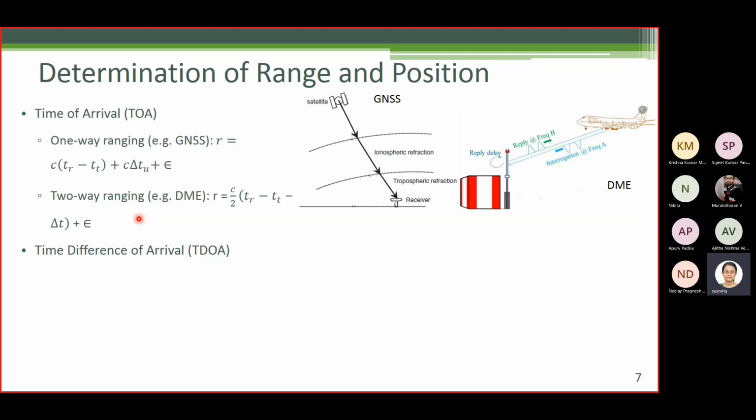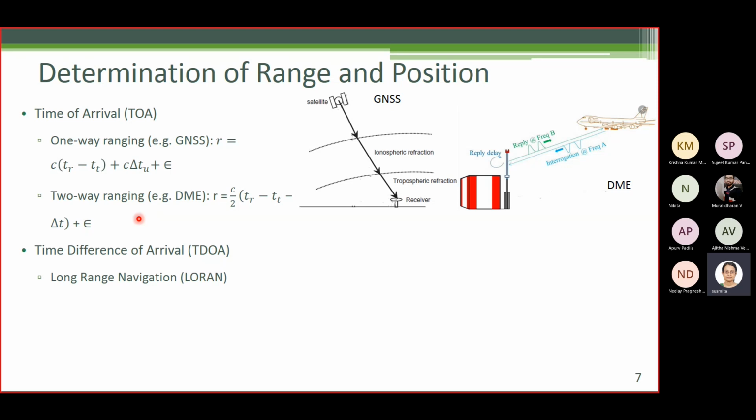The next method by which we can determine range, not exactly range, we actually determine range difference, is called time difference of arrival, TDOA. An example of this is long range navigation, LORAN.